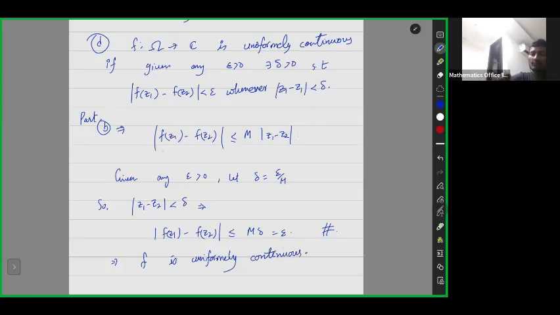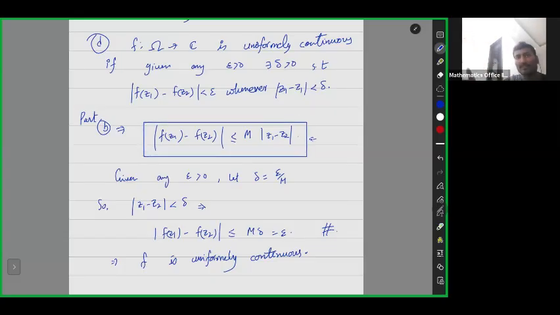So any condition which is like this on a given domain implies f is uniformly continuous. Okay.